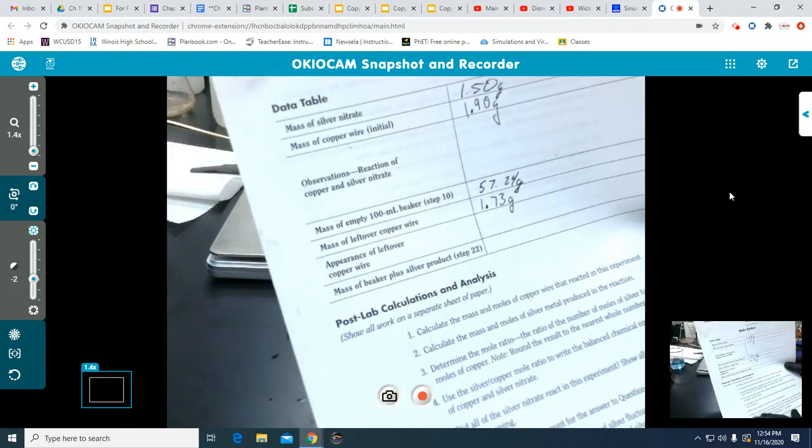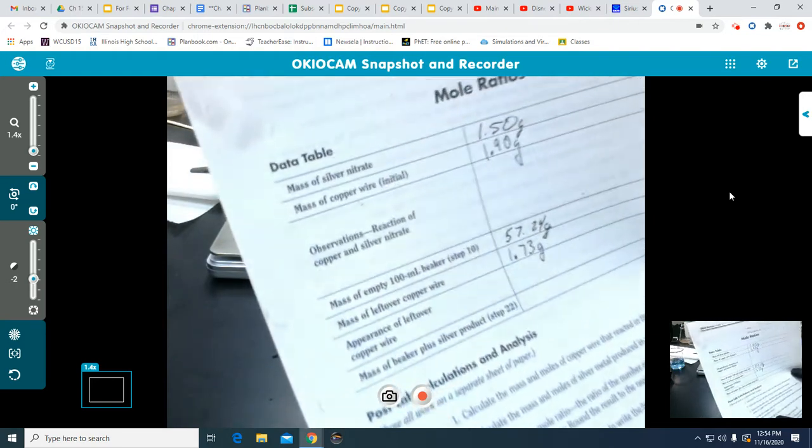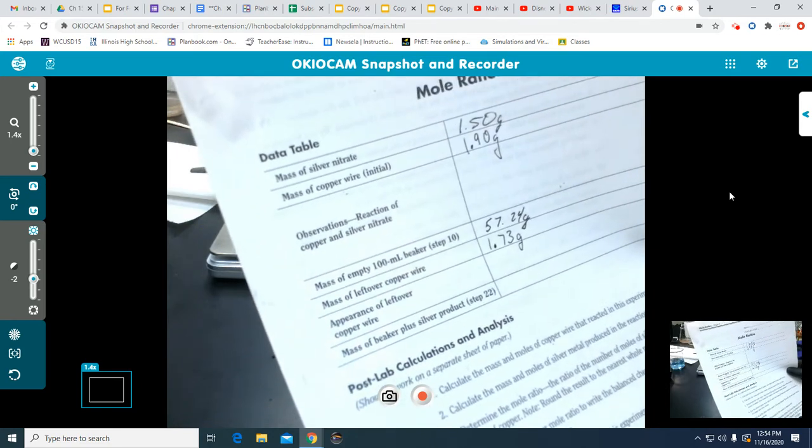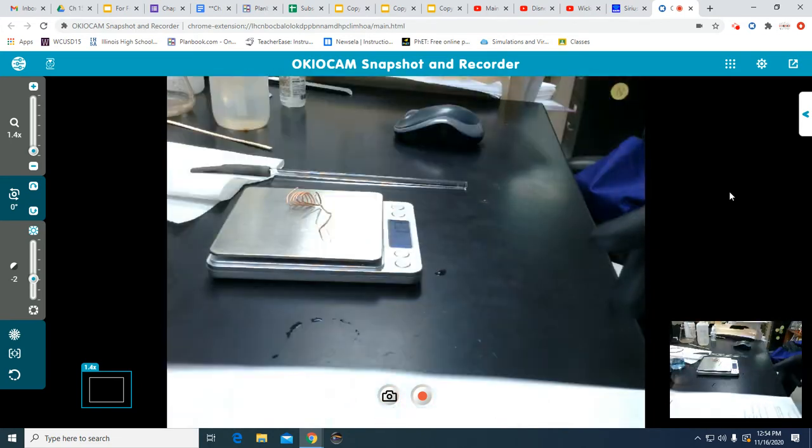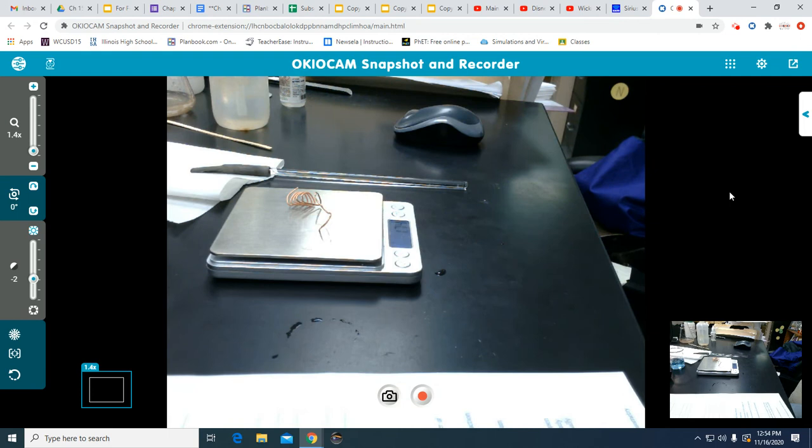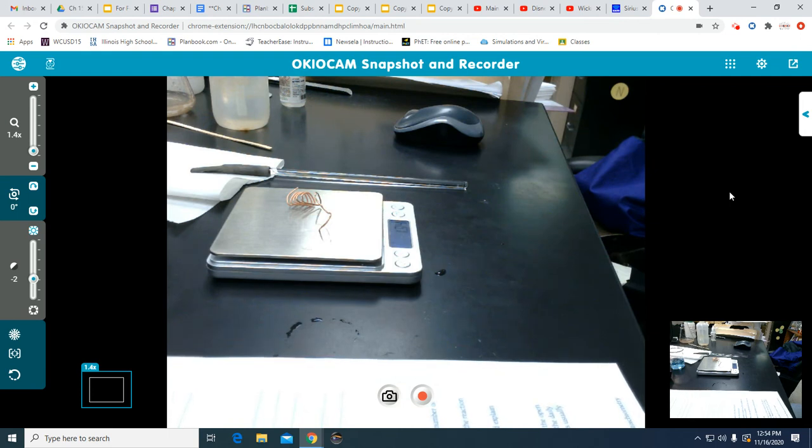Whenever you are doing your calculations, especially for number 1 and number 2 on the post lab, you need to be using the difference between the initial and final masses, because the difference that you find is what you're actually going to be using for your calculations.